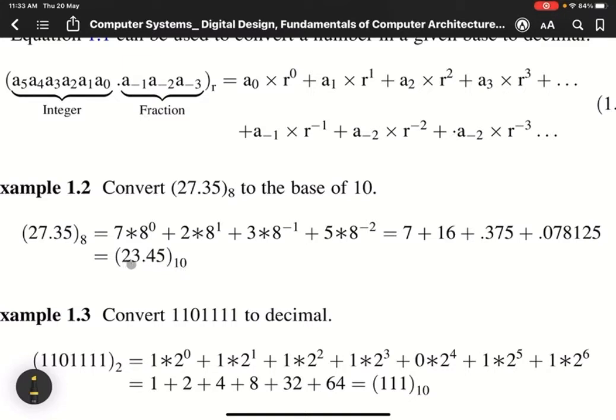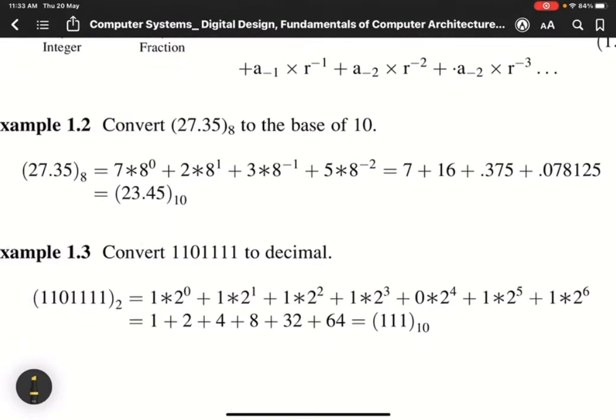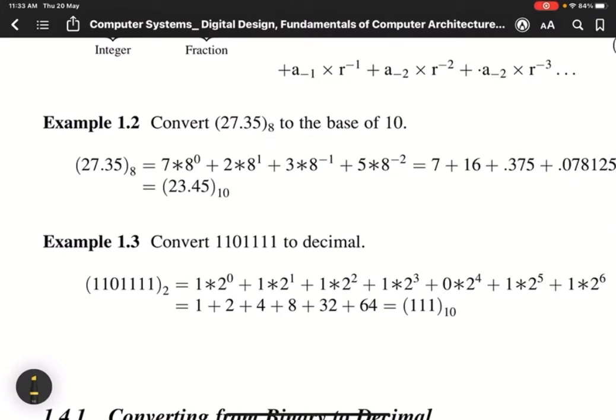This means this is the decimal equivalent of 27.35. If you add these four terms, it will give you the decimal equivalent of the octal number.